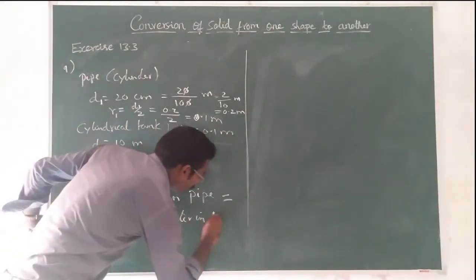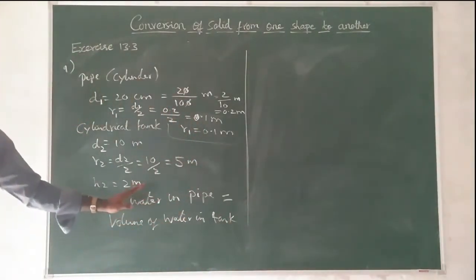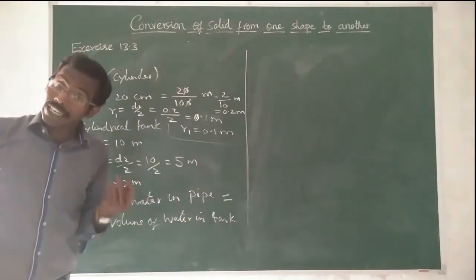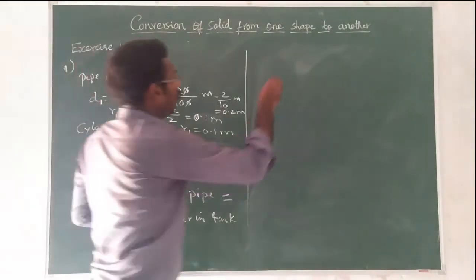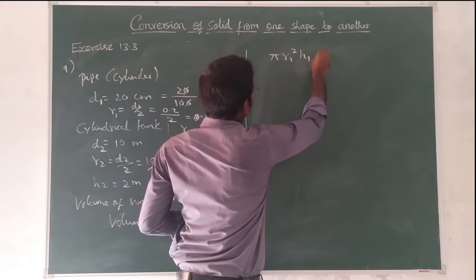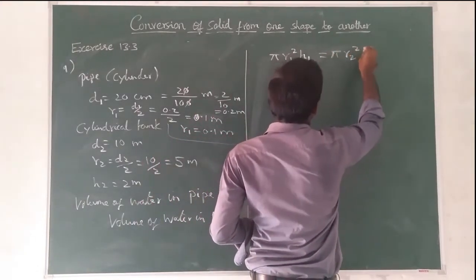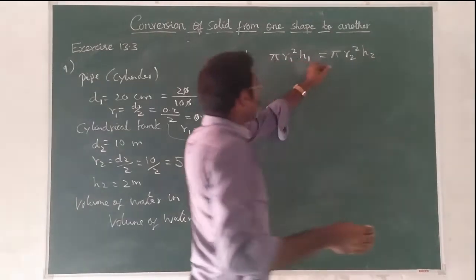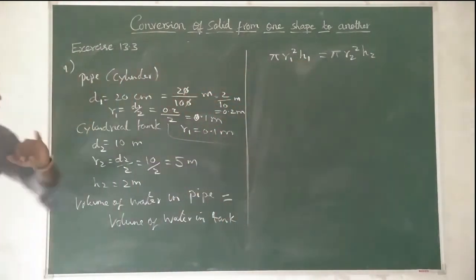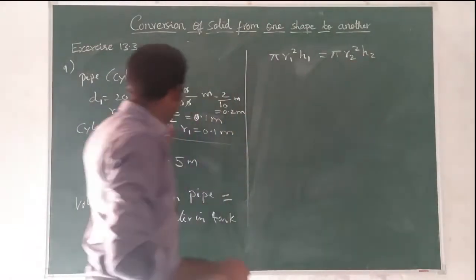You see both are cylinder. So cylinder's formula is pi r square h. So pi r1 square h1 is equal to pi r2 square h2. So r1 h1 is pipe's, r2 h2 is tank's.